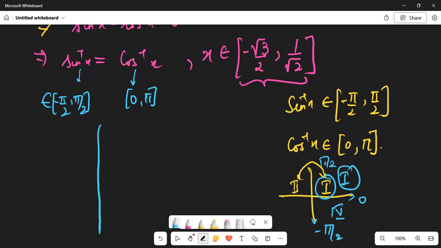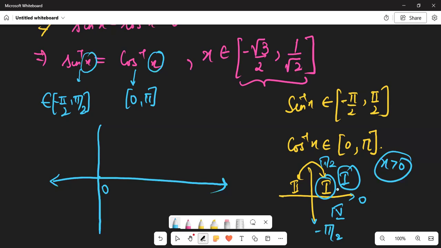If you draw the graph of both sin⁻¹x and cos⁻¹x, in the first quadrant both are taking a positive value. That means x is a positive value, because if x is greater than 0, then sin⁻¹x and cos⁻¹x will both lie in the first quadrant. So x is greater than 0. If x was less than 0, then cos⁻¹x would have lied in the second quadrant, the angle would have been between pi by 2 to pi, and for sin⁻¹x, the angle would have been in the fourth quadrant.